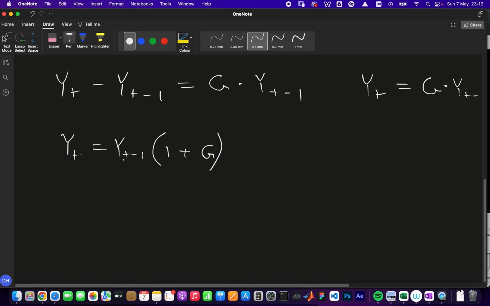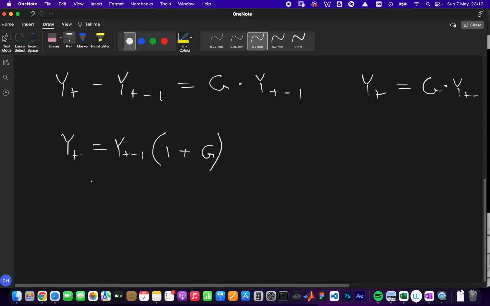Now if yt is just output from the previous time period plus some growth rate, just yt minus 1 plus some growth rate, what is yt minus 1? Well, it's just yt minus 2 plus some growth rate. I say plus some growth rate, I should say multiply by some growth rate.